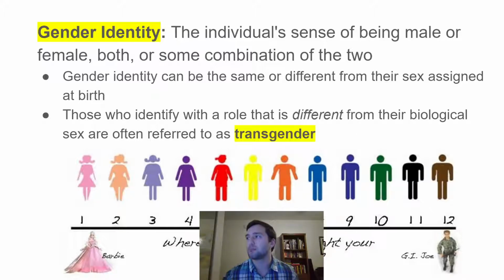So there's this little image at the bottom, and again, this is not a real psychological chart or anything like that. It's just a very simple one. But I like it because of the edges here. If you have Barbie on one end and G.I. Joe on the other, these are extreme versions of masculinity and femininity. Now, I will say Barbie has very much changed over time. She's been around for a very, very long time.